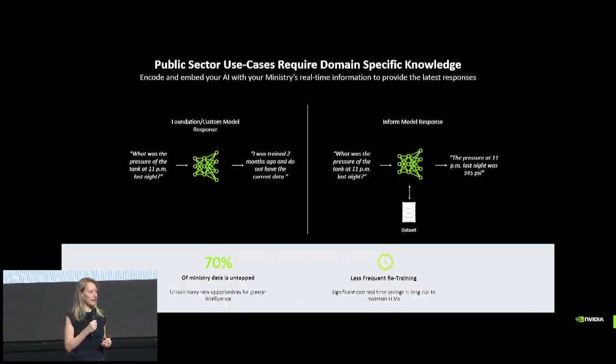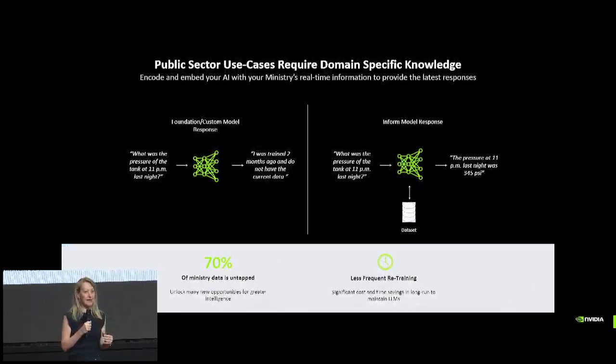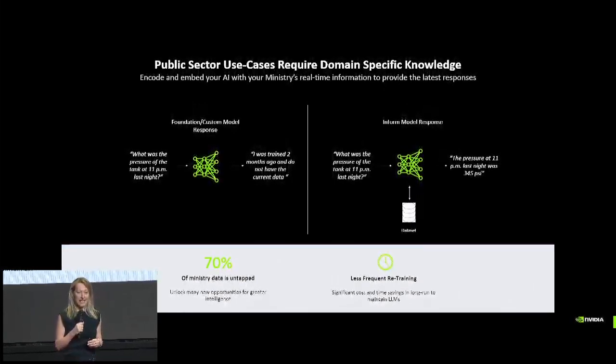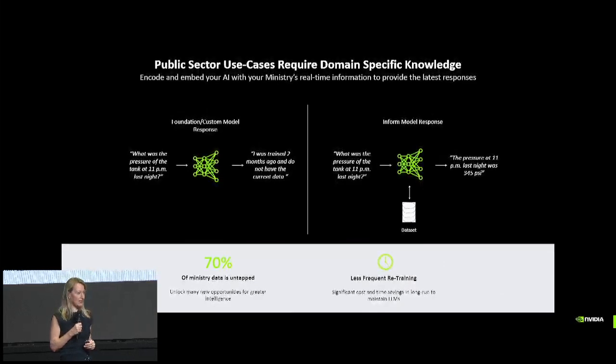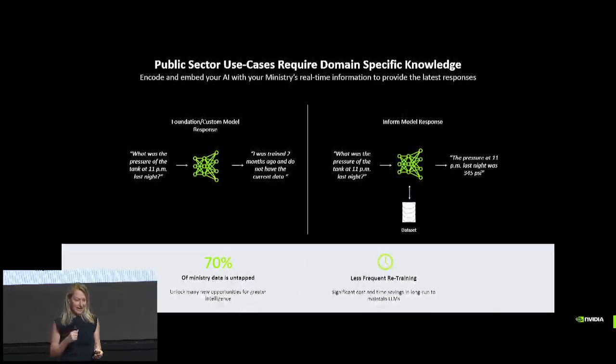Think about the information that you're relying on through your public sector use cases, through citizen services, whether it's looking at payments, whether it's looking at health data. You need absolutely accurate information. And this domain-specific knowledge is coming through many of these data sets. And so that's absolutely critical and required for many of the applications that we see happening today.